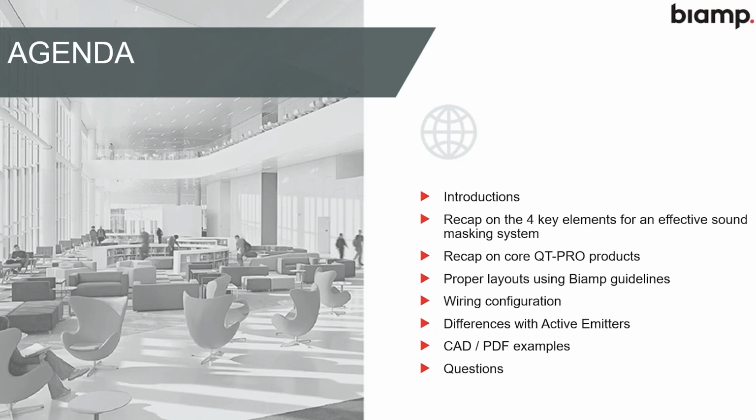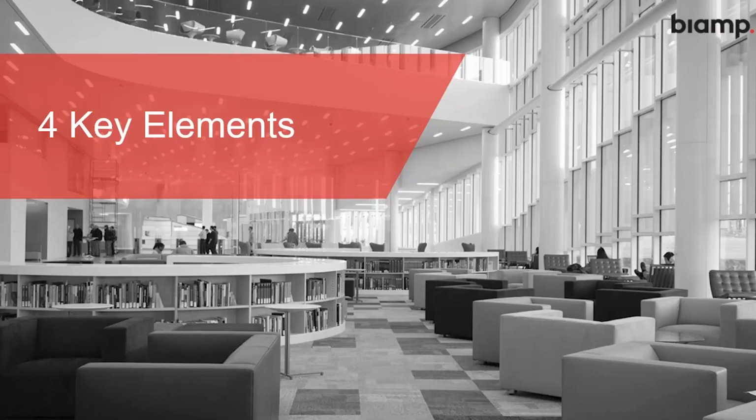We will go through some proper layouts using the Biamp guidelines, and talk about the wiring configurations that go with these designs, the differences between active emitters and standard emitters, and some examples. We will also have questions too, if needed.